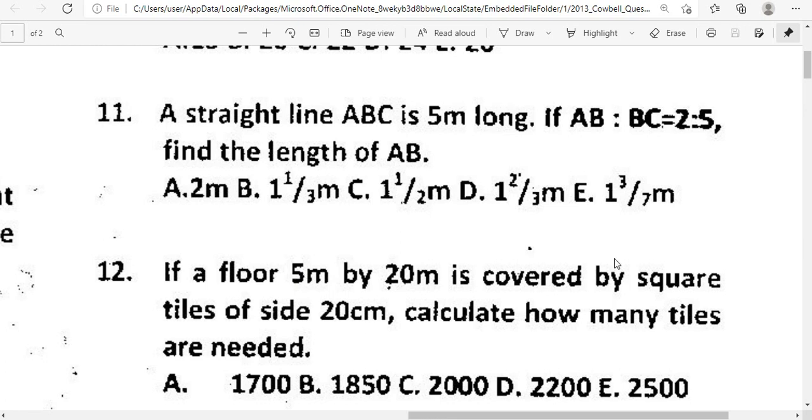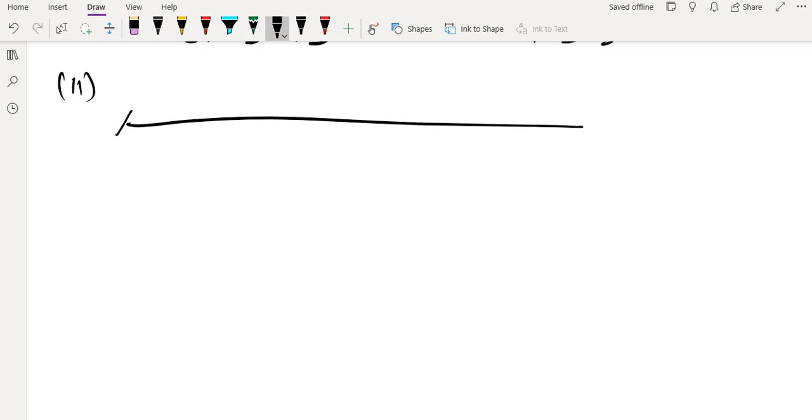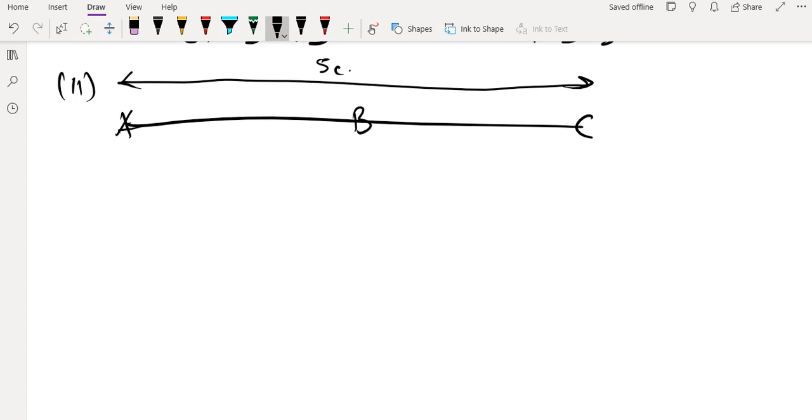Okay, read the question. A straight line ABC. So there's a straight line. This is number 11. There's a straight line A, B, C. And we're told that the length of this straight line is what? 5 meters.